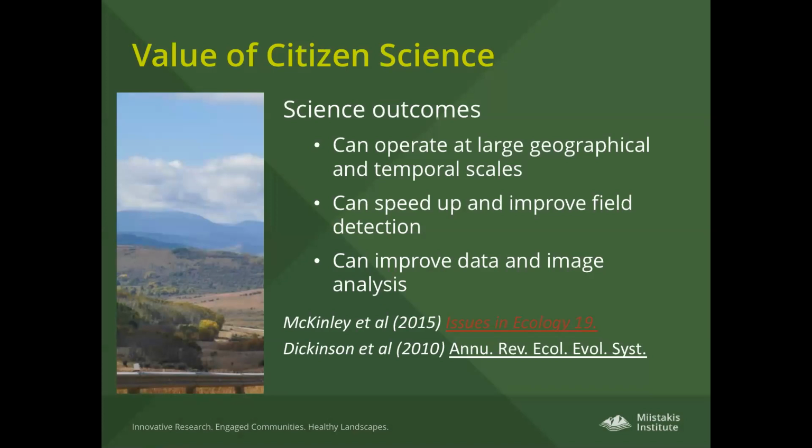As an example, a number of researchers collaborated on a piece of research in 2015, and they looked at 388 different biodiversity-based citizen science projects. Across those 388 projects, they estimated that between 1.36 and 2.28 million people volunteered each year, with each participant spending an average of 21 to 24 hours collecting data.